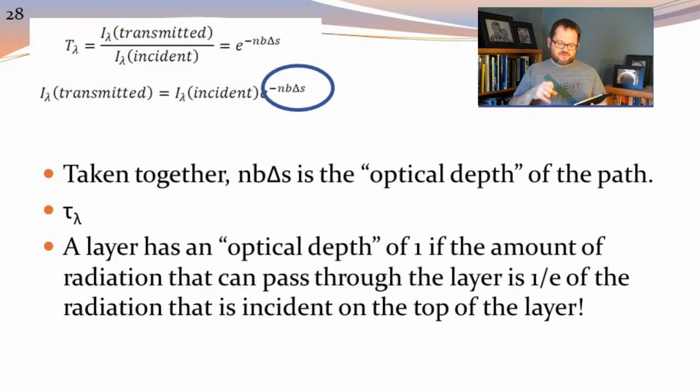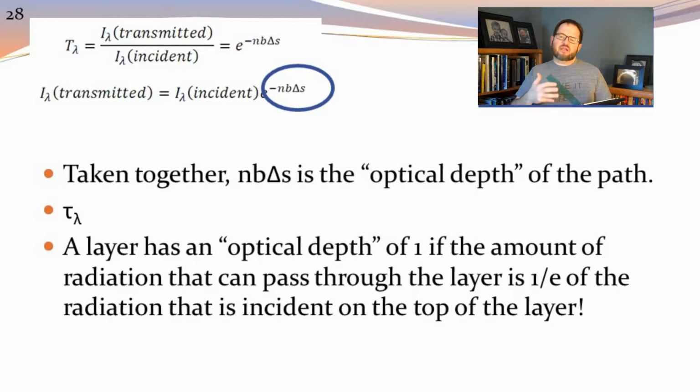A layer of the atmosphere has an optical depth. We can describe the features of, like, this layer of the atmosphere has an optical depth of blah. It's a unitless number, and it describes how much that layer resists the flow of the radiation through it.